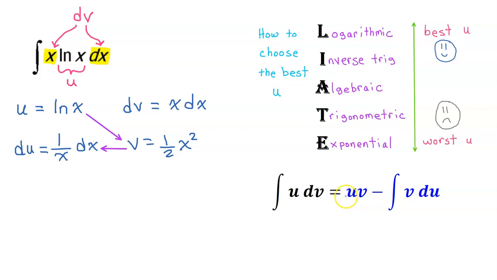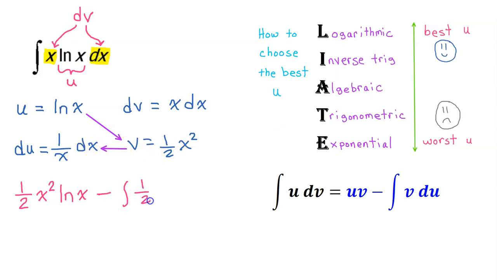Next, we need to fill in the blue part of the integration by parts formula. We can do that easily by following a zigzag pattern. U times v is this times this. Natural log x times 1/2 x squared. For aesthetic reasons, I prefer to write it the other way around. Next, we write minus the integral of v du. So minus the integral of this times this.